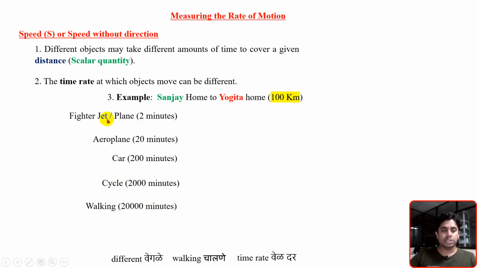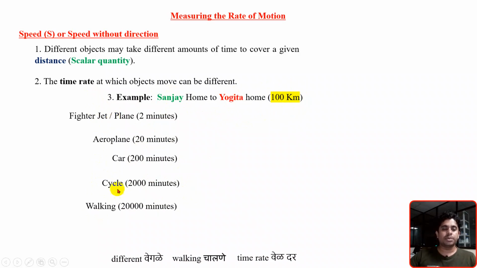So these are different objects: fighter jet, aeroplane, car, cycle, walking. They have taken different amounts of time. Here it is 2 minutes, here 20 minutes, here 200 minutes, here 2000 minutes, here 20,000 minutes. The distance is the same, 100 kilometers between Sanjay's home and Yogita's home.